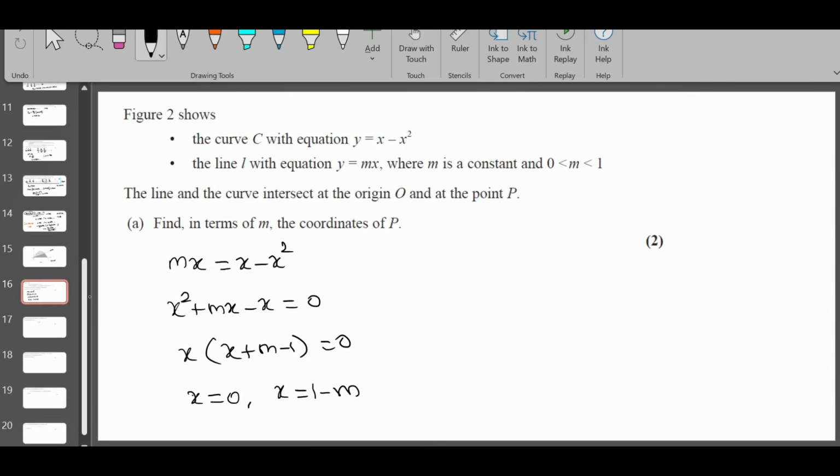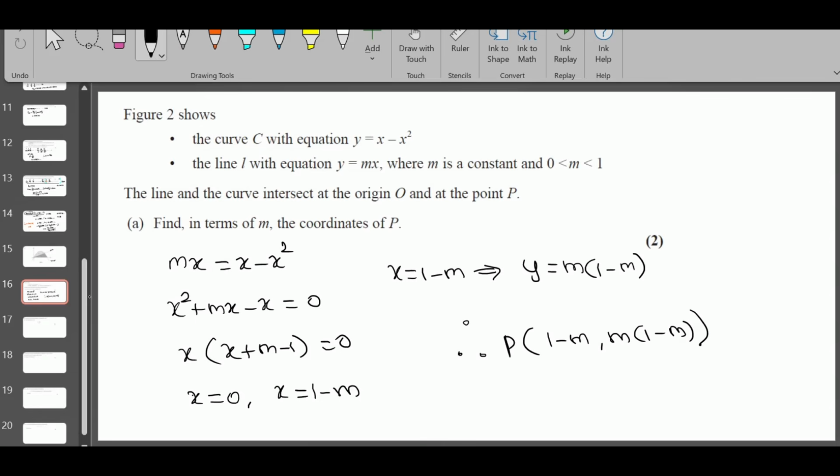When you sub in 0, you will get 0. That's the origin. When you sub in 1 minus m, y is m times 1 minus m. Therefore, the point P will be 1 minus m, comma, m times 1 minus m. These are all the coordinates of P.